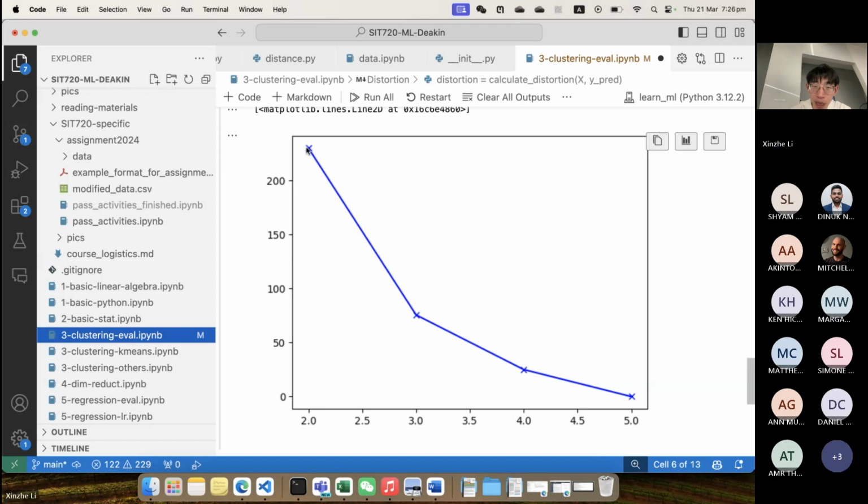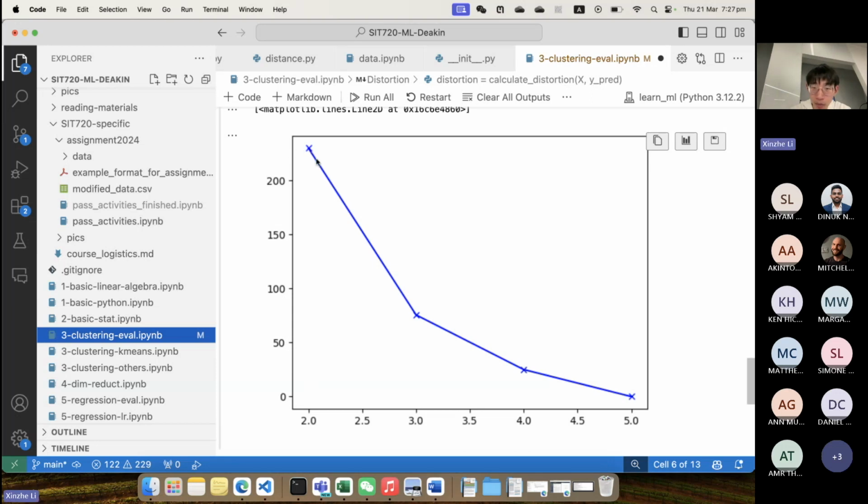Then I get the answer. I train the model, I get the model. I evaluate the model, I get the evaluation metric. This evaluation metric is WCSS, the distortion score.